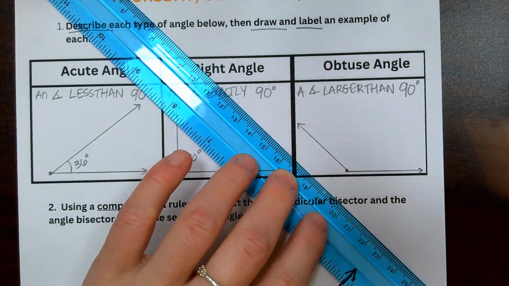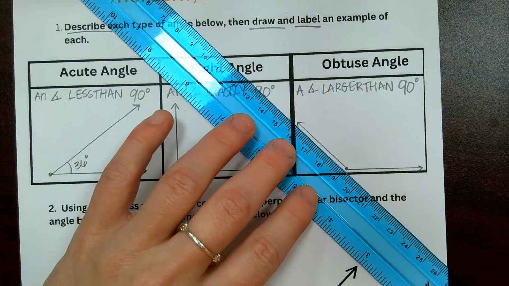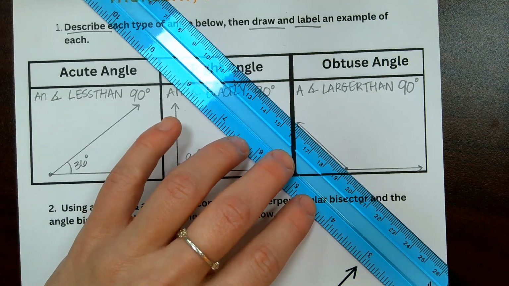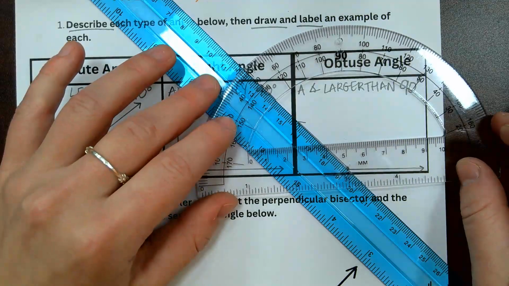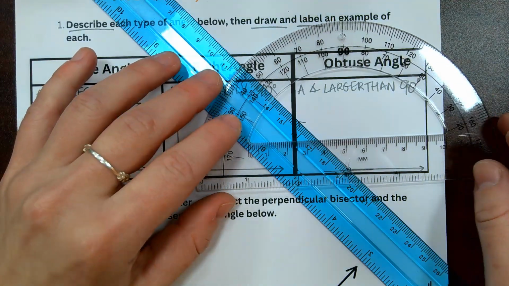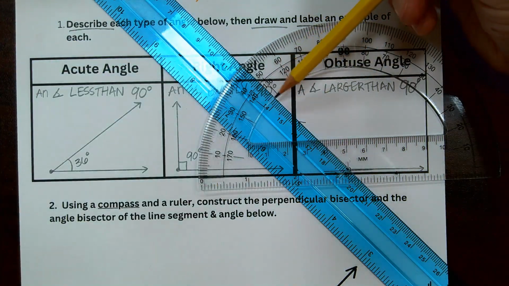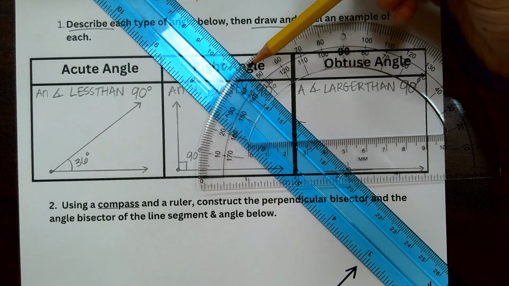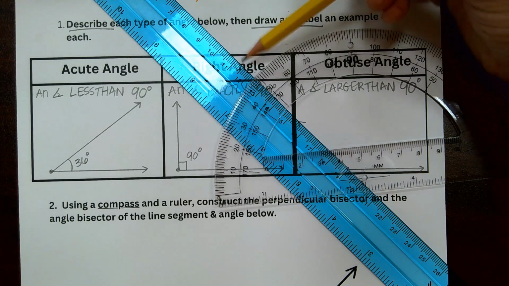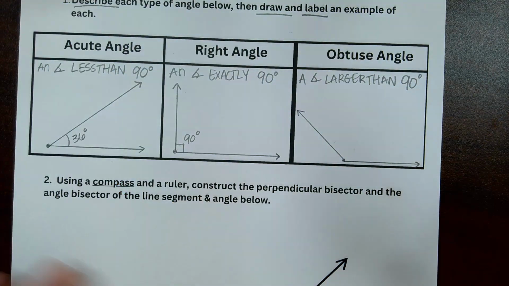So I'm going to just put it there and see if I can guess about what that measure is. Not going to be perfect, but it's probably about, here's 130, 131, 132, 133. I'm going to go with 133 degrees.